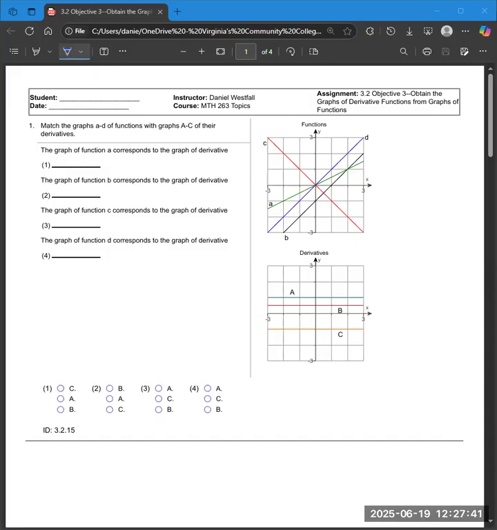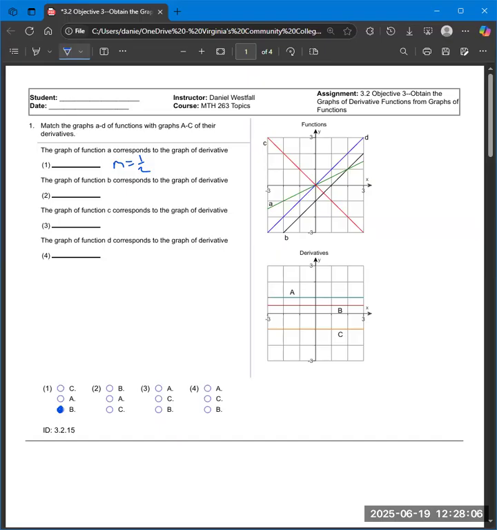So slope is 1/2. So 1/2 looks like B. And then B must be this black line here that I don't see a letter for.